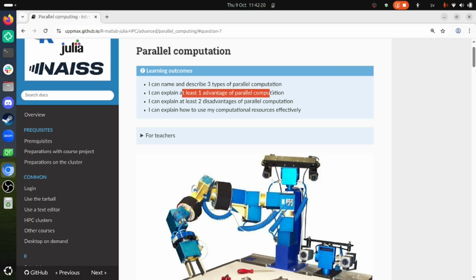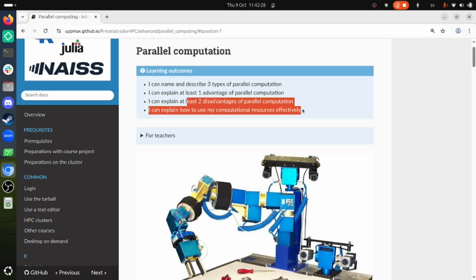One advantage of parallel computation is that it can speed up your calculations. Two disadvantages are: one, you are wasting computational resources, and two, sometimes you need to program it yourself first, and there are some unexpected errors there too.